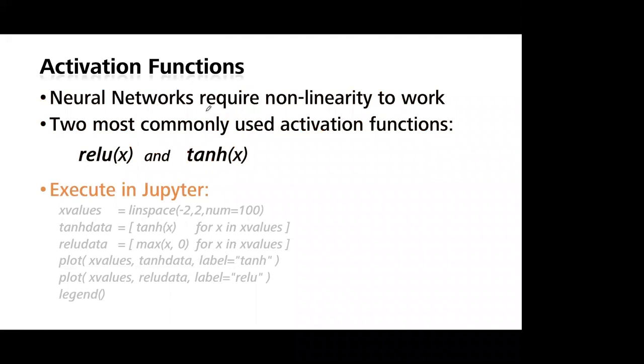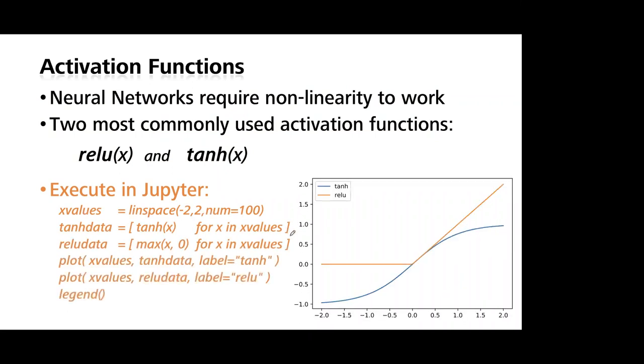You can have a look at this, like if you enter any of this inside Jupyter, you'll see what those functions look like. So in this case, it'll look like this.